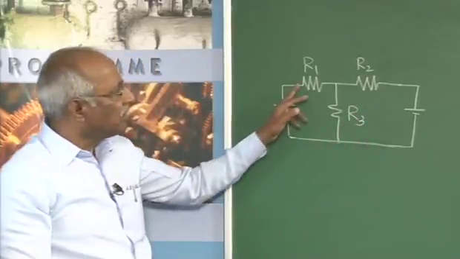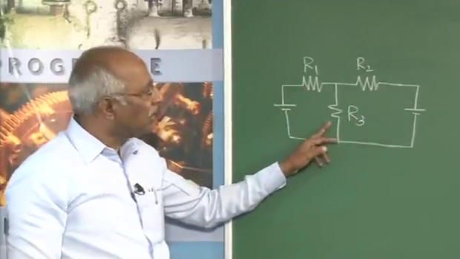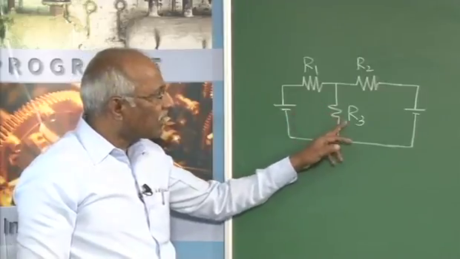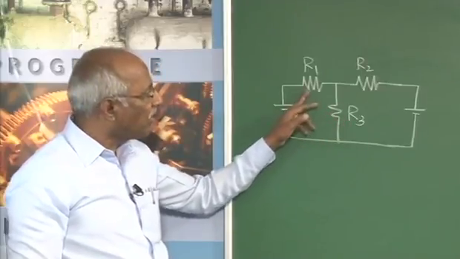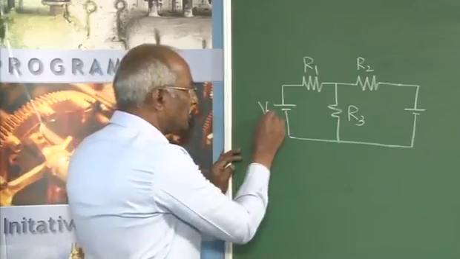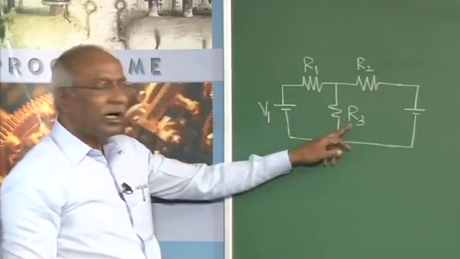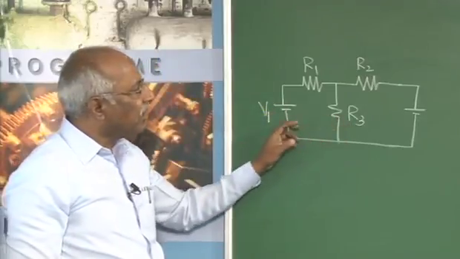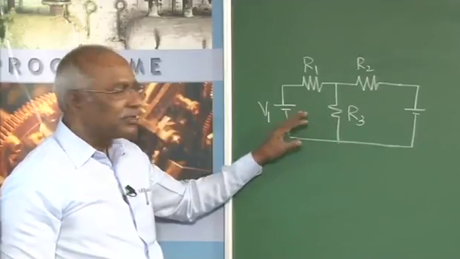We cannot consider these two to be in parallel because R1 is not directly against R3, but R1 in series with this voltage source V1 is in parallel with this R3. So in that case, the network reduction technique fails here.